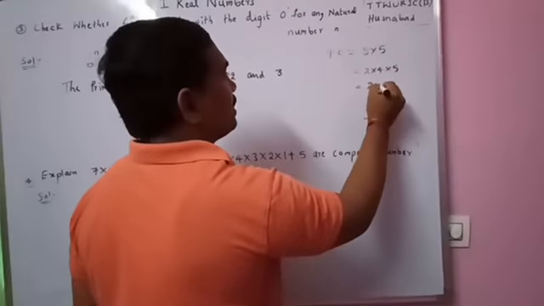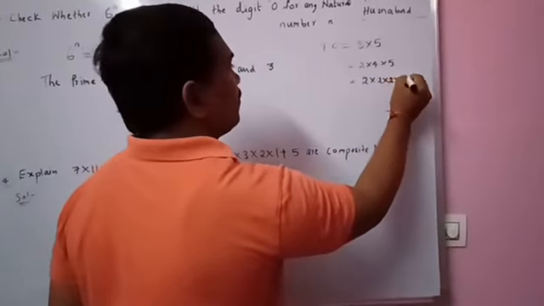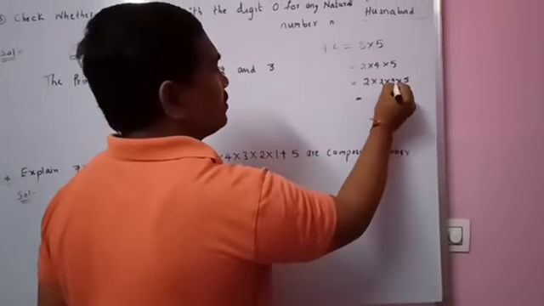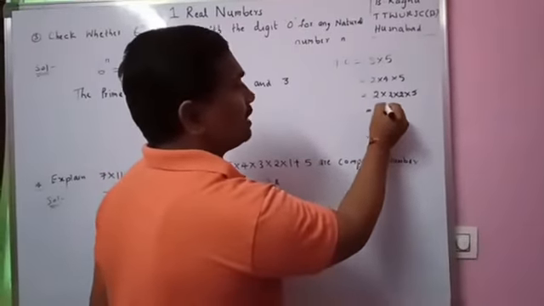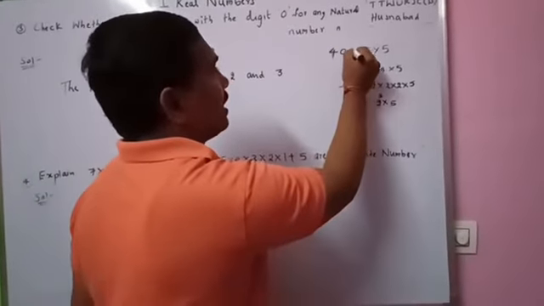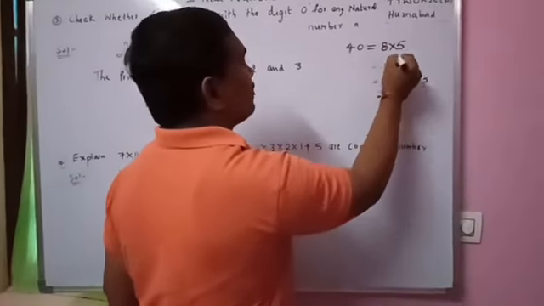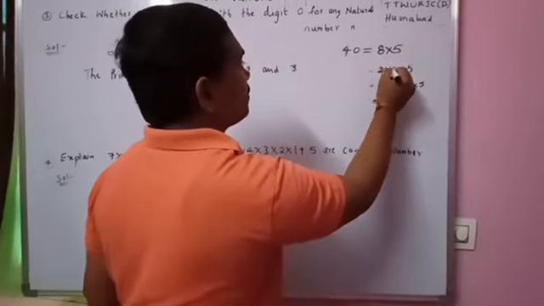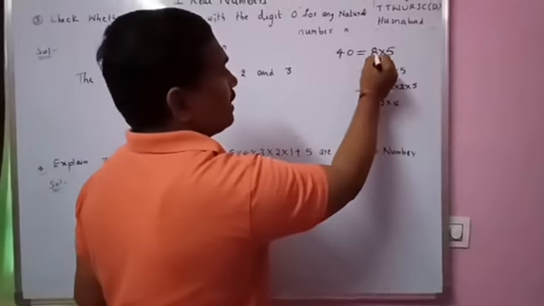So 4 can be written as 2 into 2, into 5. So that is 2 into 2 into 2, 2 multiplied 3 times. So that is 2 power 3 into 5. Okay, now here 40 can be written by prime factorizing 40. 8 fives are 40, 5 is a prime number, 8 is not prime.